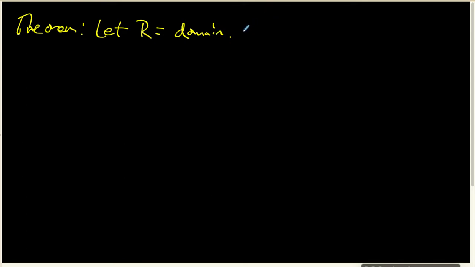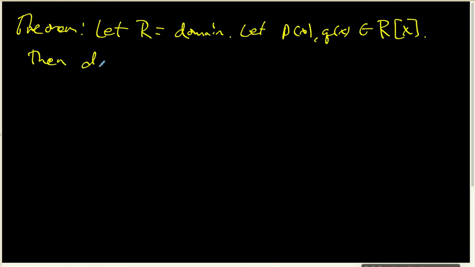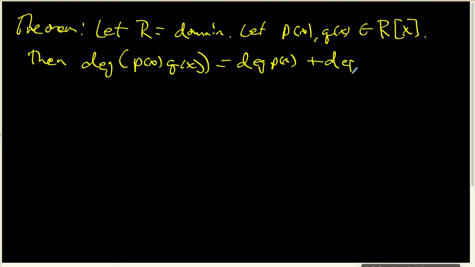And then what I want is I want to let P and Q be any polynomials in R[x]. Then the degree of the product, P(x) times Q(x), is just going to be the degree of P plus the degree of Q.